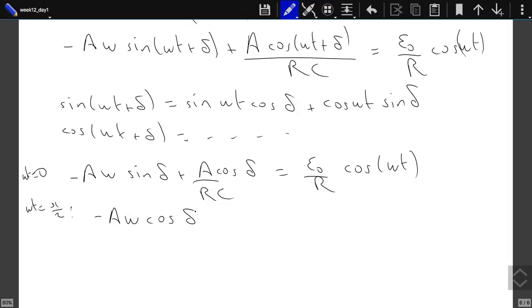Cosine of pi over 2 plus delta is minus sine delta. This is equal to 0, because cosine of pi over 2 is just 0. So we need to determine A sine delta and also A cosine delta, and we have two equations to solve. Oh, sorry, the first one is 1. There's no cosine, because omega t is equal to 0, cosine of 0 is 1. So we have two equations to solve for the two unknowns.